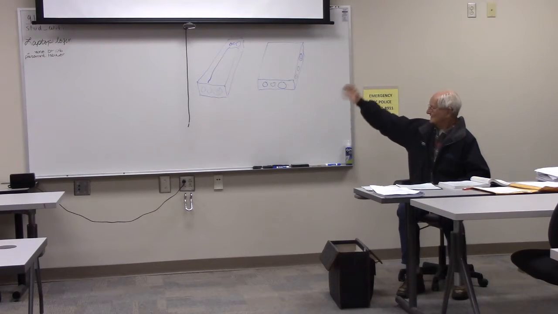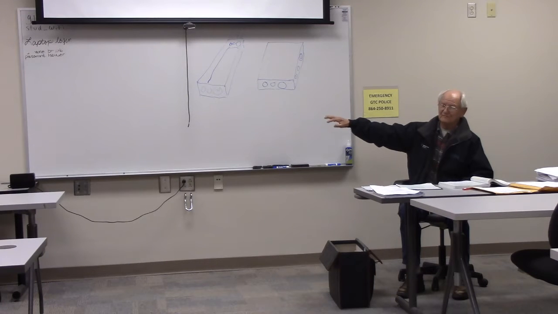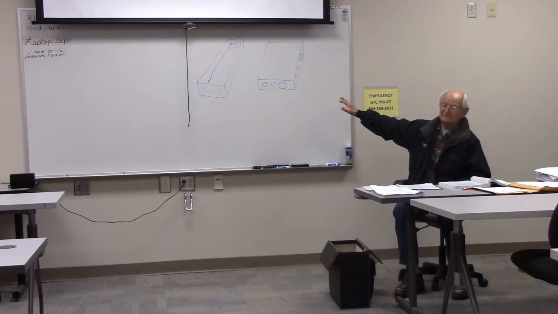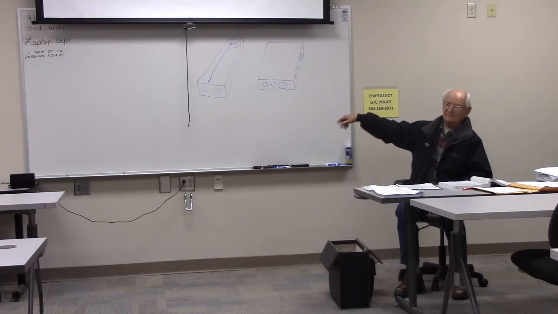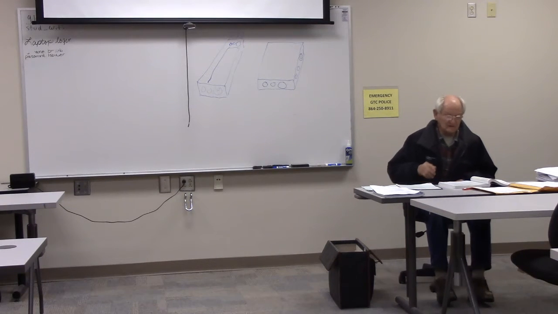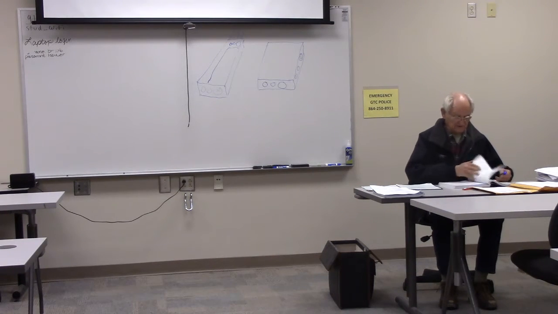It'd take a crew of men twice as long, twice as many man hours, to pull through that box as it would to pull through a straight pull. So keep that in mind.